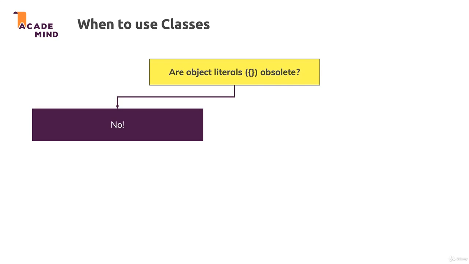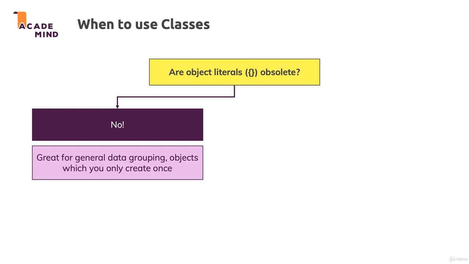It's great to use that object literal notation if you have some data collection, a couple of variables, which you in the end want to group together, and where you only want to do this once or in one place of your app, of your code, and you don't plan on reusing that. So not as we're doing it with the product, where we need that in different places, where we want to ensure that they always have the same structure, but where you quickly want to create such an object on the fly. That's a perfect use case for using object literals.